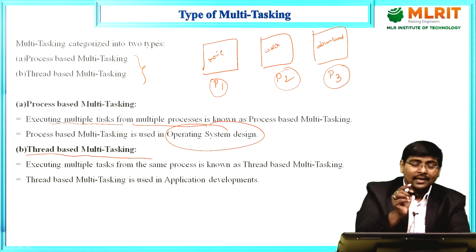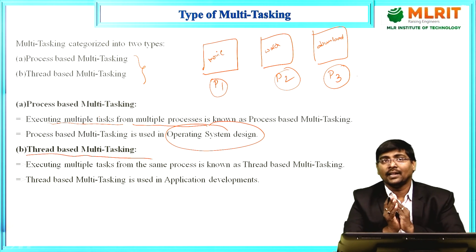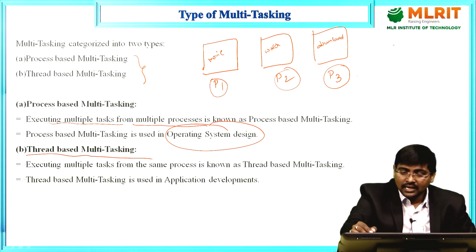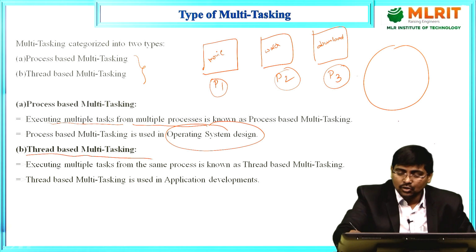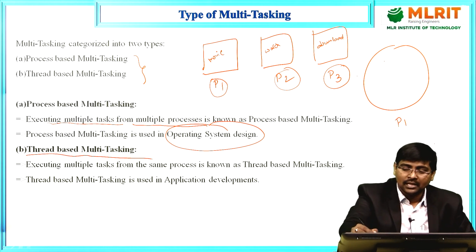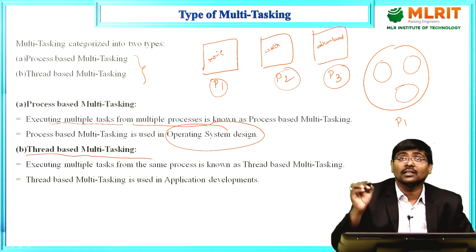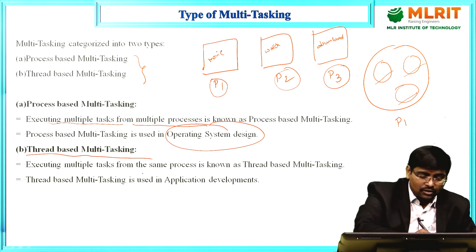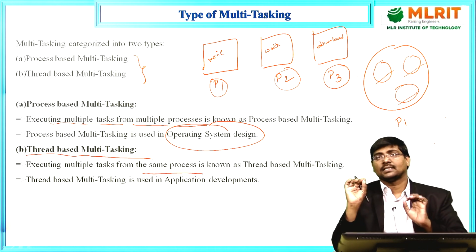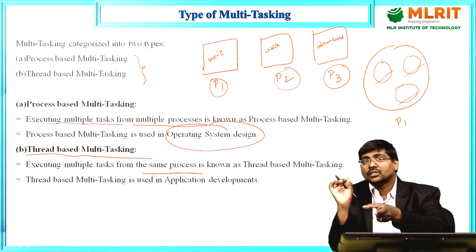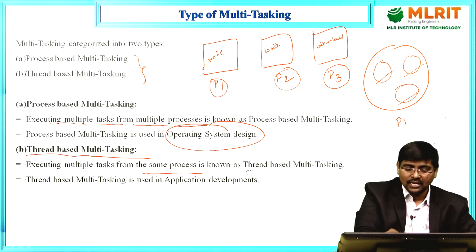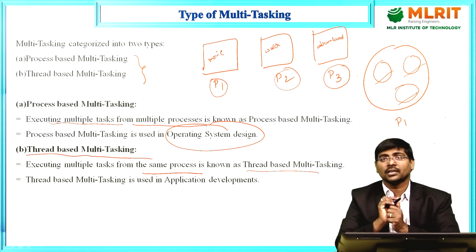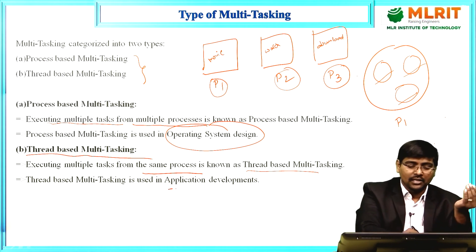Coming to thread-based multitasking, it means a single process. Assume this is my process. This is one task, this is another task, this is another task. So, executing multiple tasks of the same process is known as thread-based multitasking, which we use in an application.